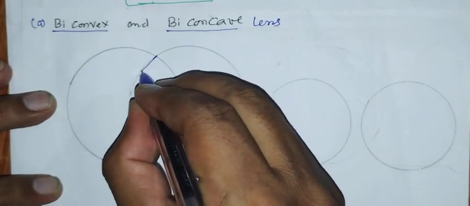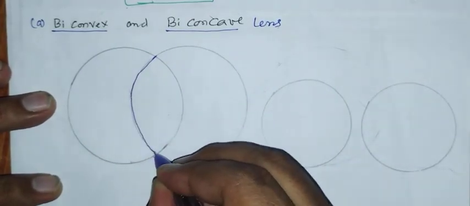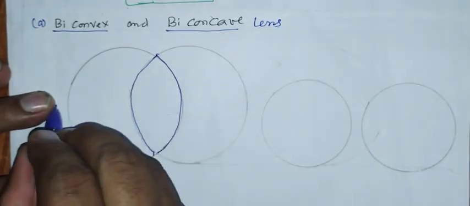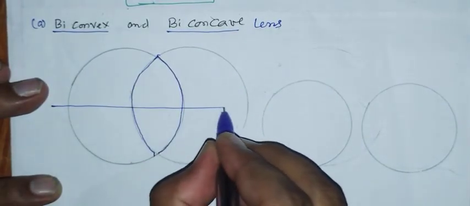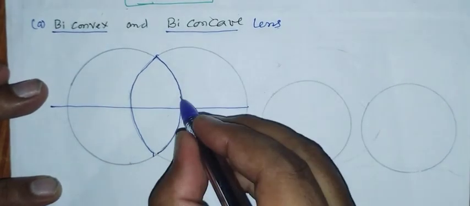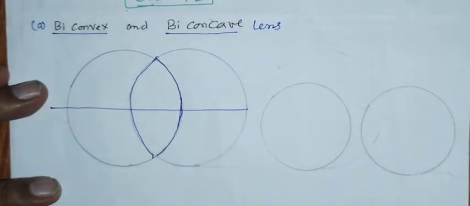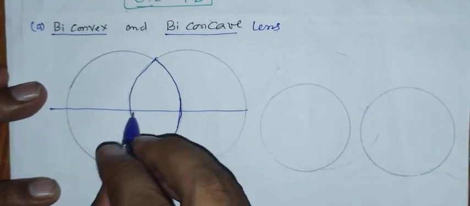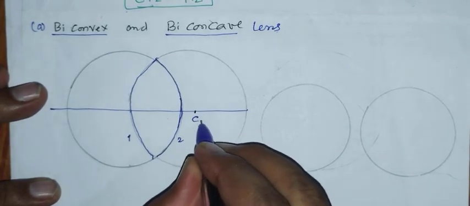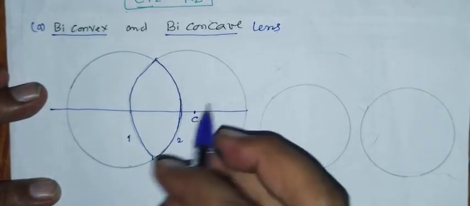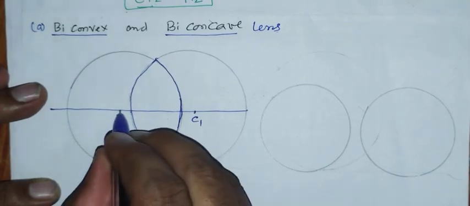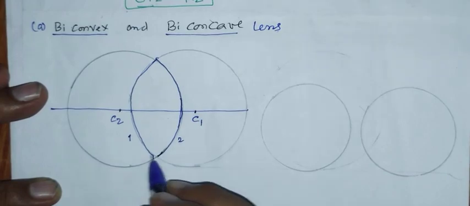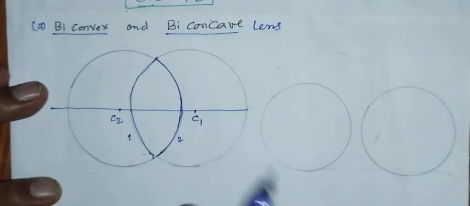Let this be a convex lens and the principal axis. Concave lens, this is the first side, second side. For the first side, its center of curvature C1 is on this side. For the second, its center of curvature C2 is on the left hand side. Clear?